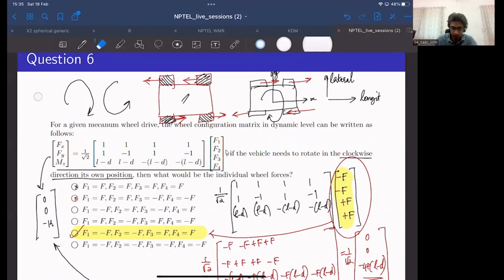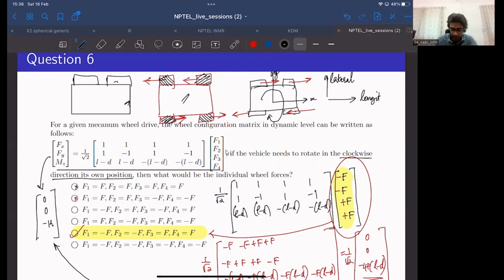And if you flip the wheel rollers, instead of removing this, I'll again redraw this. Maybe if the rollers are aligned in some other fashion, maybe something like this, we'll end up with a different configuration matrix.